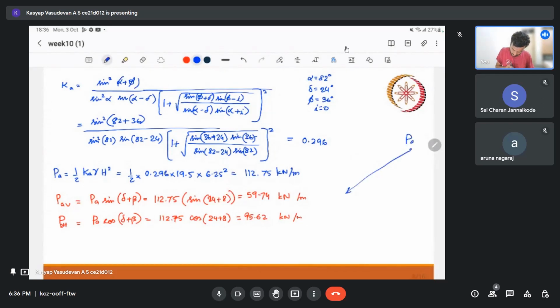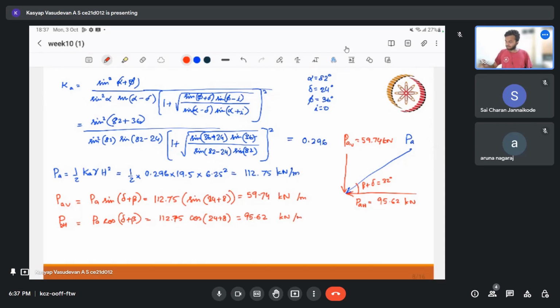If this is PA, I can resolve it as, this is my beta plus delta, that is 24 plus 8 is 32 degree, and this will be my 95.62, that is PAH, and this is my PAV, that is 59.74. So that's how it is.